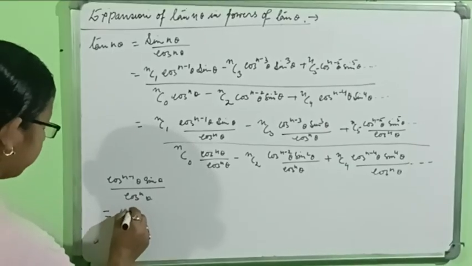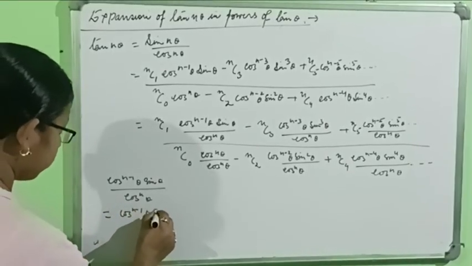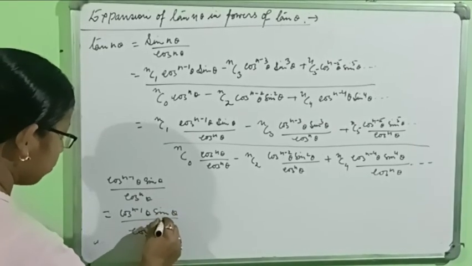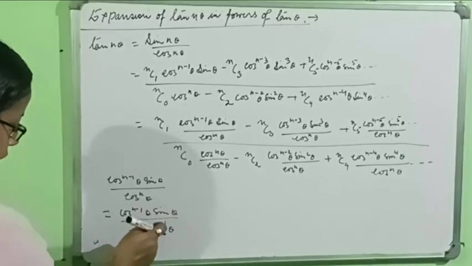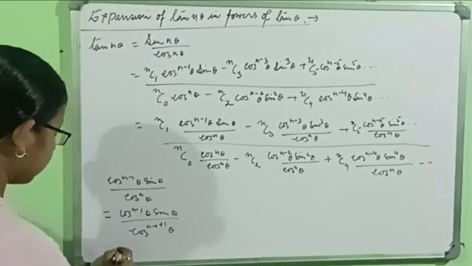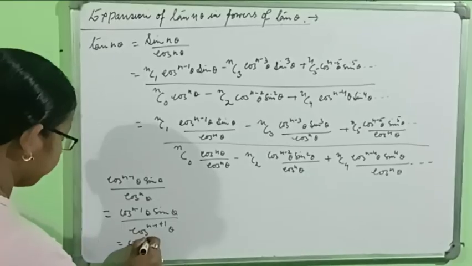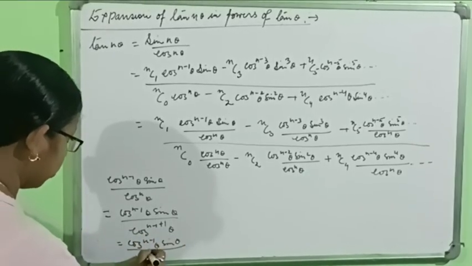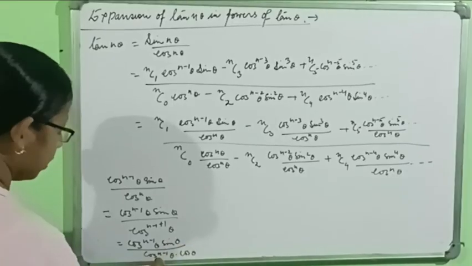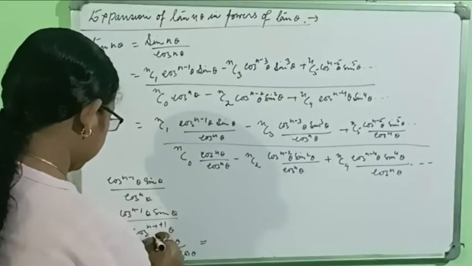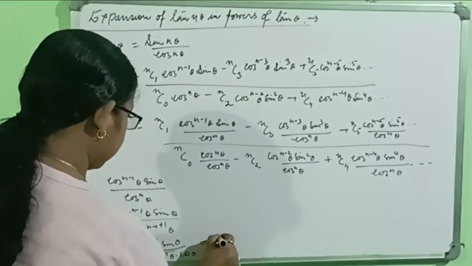This term we can write in this form: sin theta by cos^(n-(n-1)) theta, and the n and minus 1 cancel out. We will get this step. So in the next stage we can write cos^(n-1) theta sin theta divided by cos^(n-1) theta cos theta. If we add the power, we will get this. This cancels out.